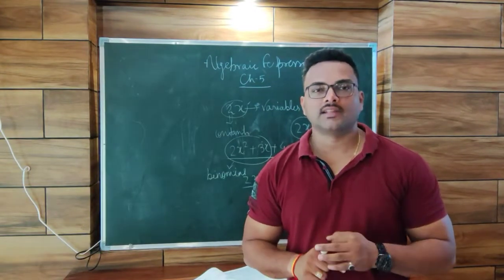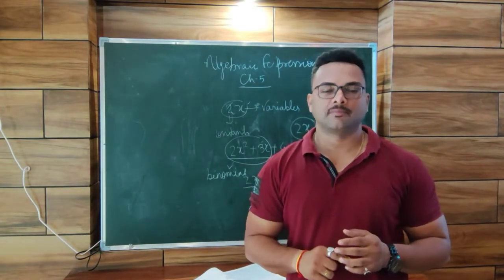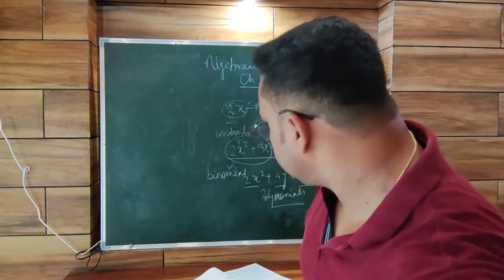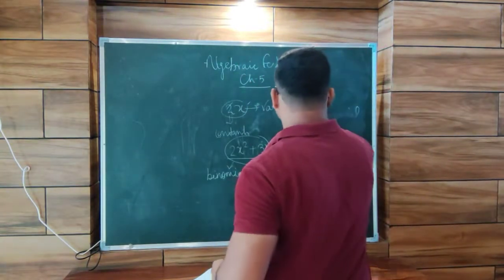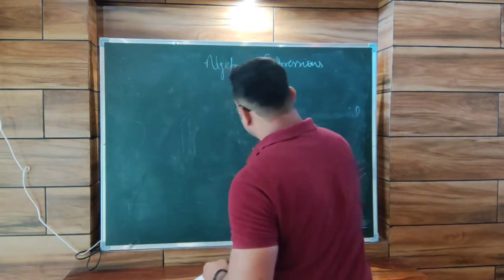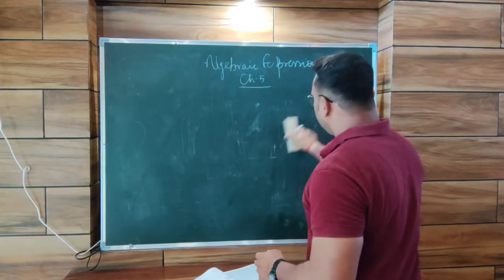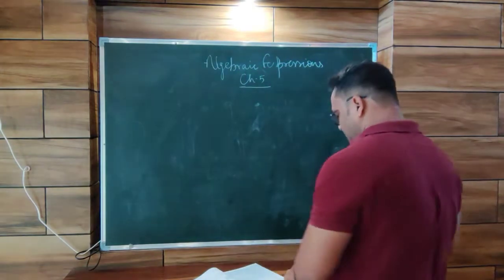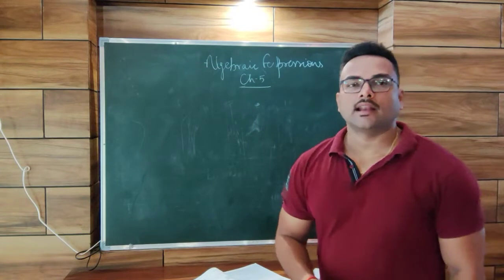So first of all, we will start with the addition of algebraic expressions. You can see that. How to add any algebraic expressions. But before that, I want to tell you about like terms and unlike terms.